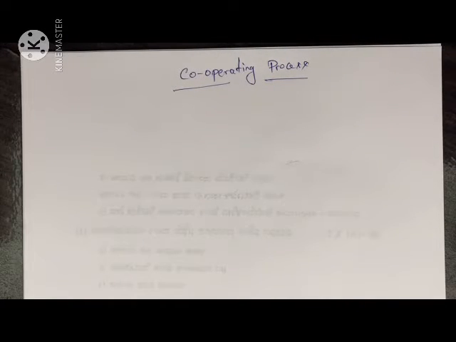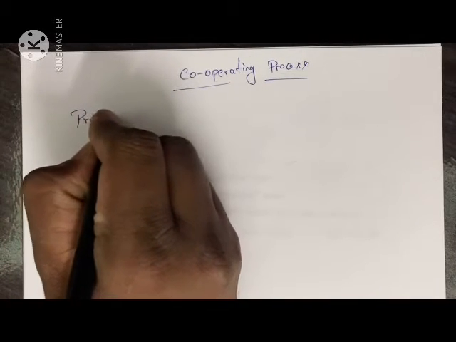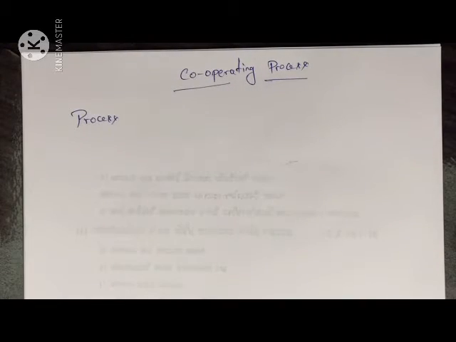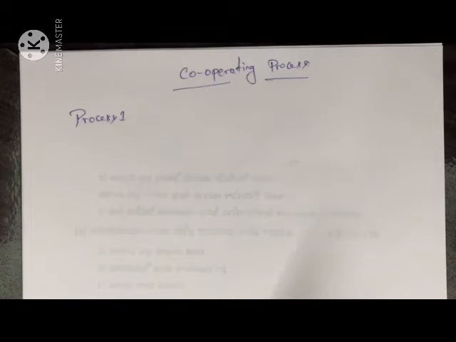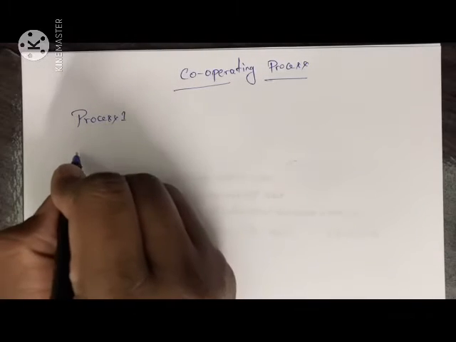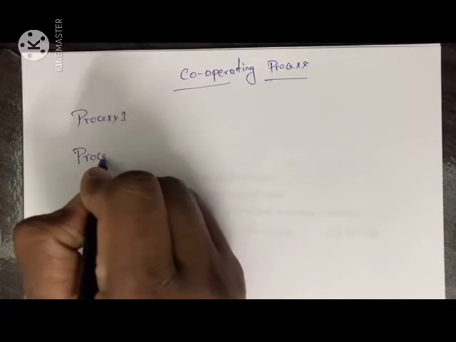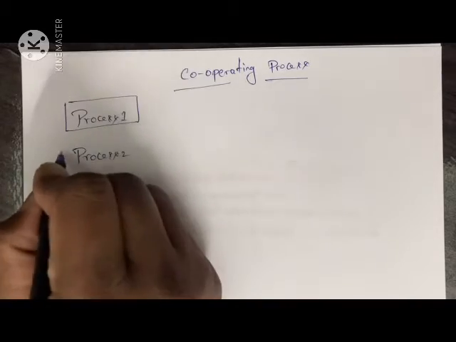In this topic, as the name says, we have already discussed what is a process. So if I have one process that is present in your RAM, or it is in the ready queue for execution, and you have one more process like process 2. Okay, we have process 1 and process 2.